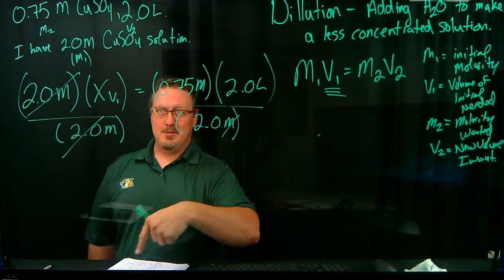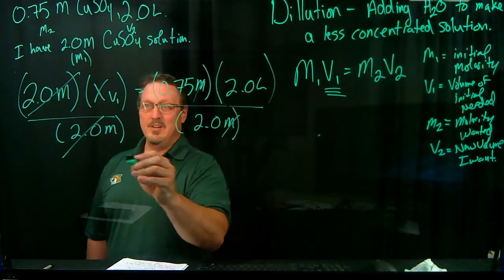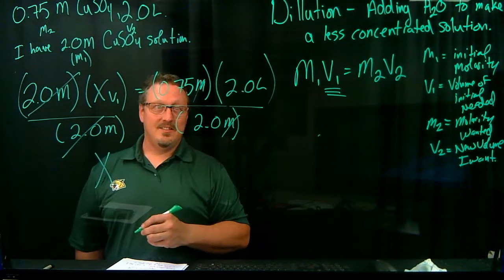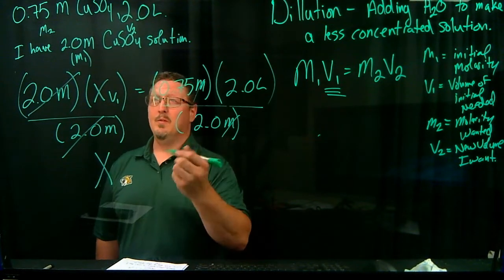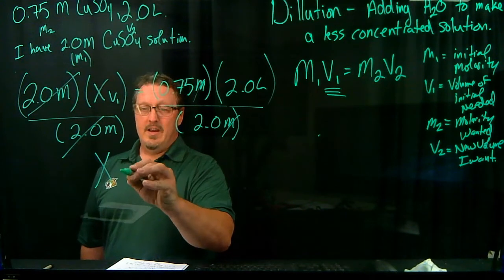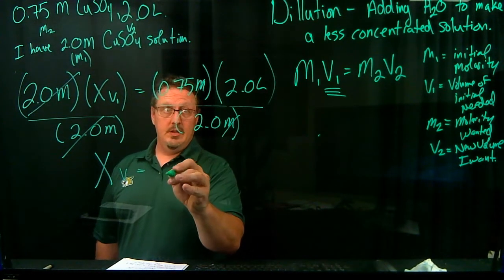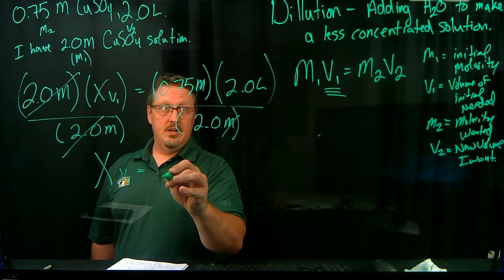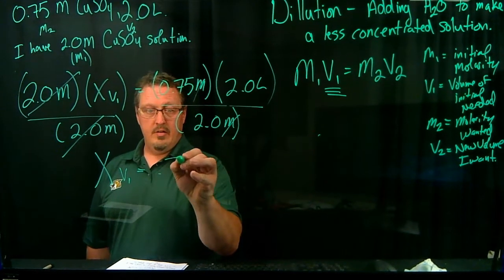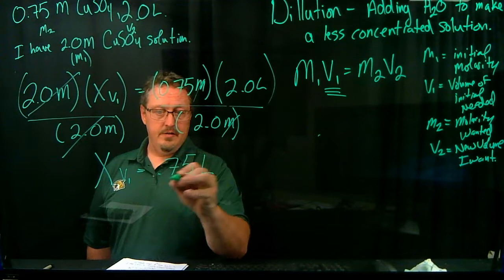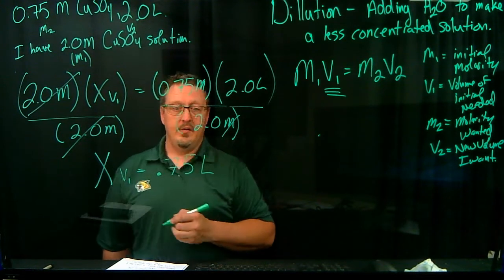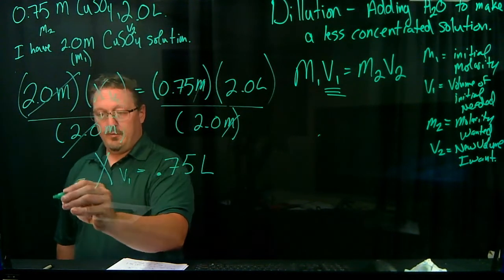I changed my numbers for my sample, so it threw me off a little bit. And that's probably going to throw you off too, so sorry about that. So my X volume in this case is going to be 0.75 liters.